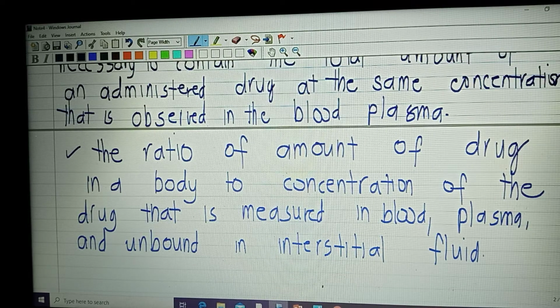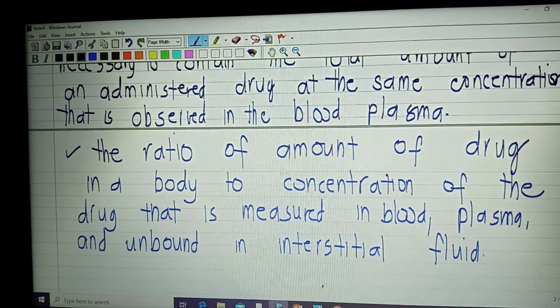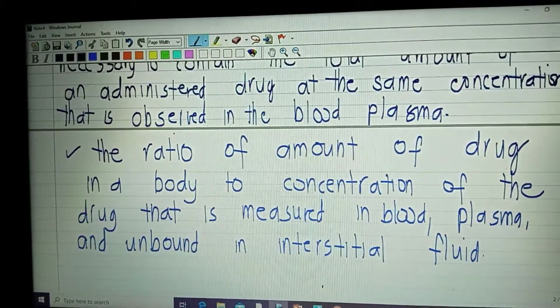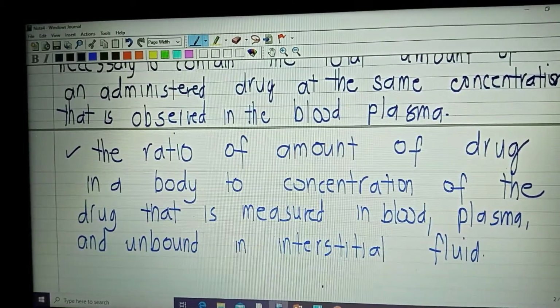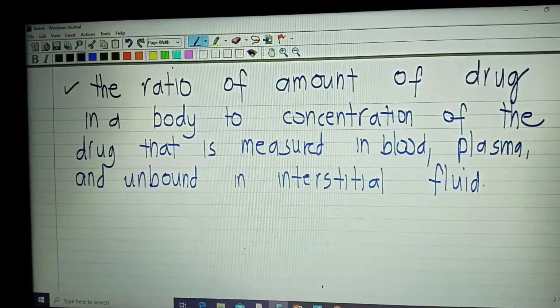To further understand what a volume of distribution is, it tells us how extensively a drug is distributed to the rest of the body compared to plasma. Again, what do we mean by volume of distribution?